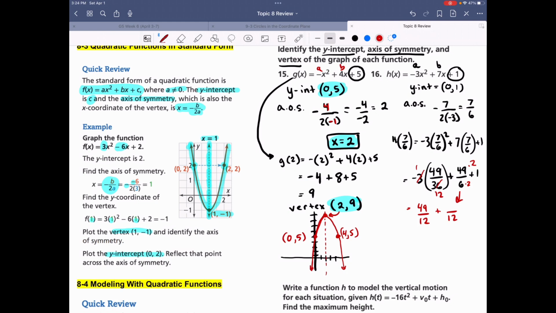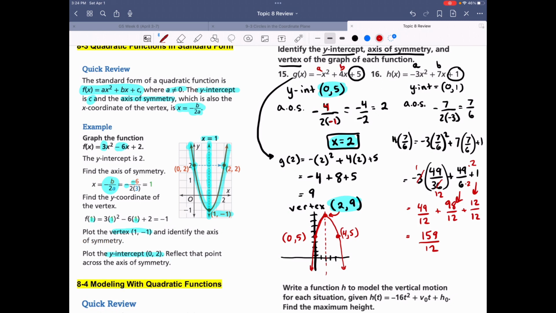And that would be 98 plus 1, which I'm going to write as 12 over 12. And let's see what we get. So 98 plus 49 is 147 plus 12 is 159 twelfths.